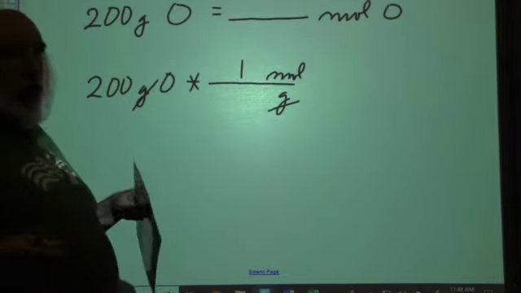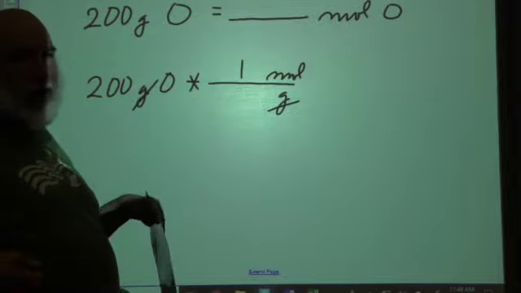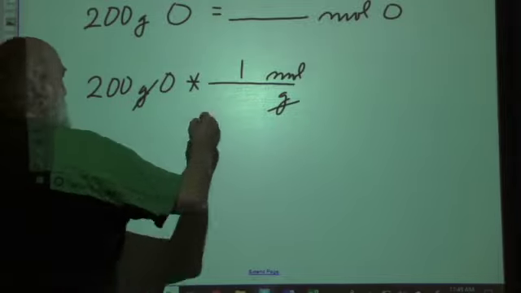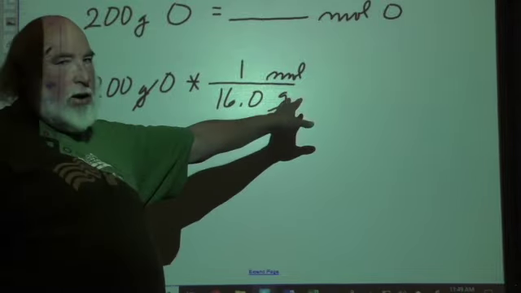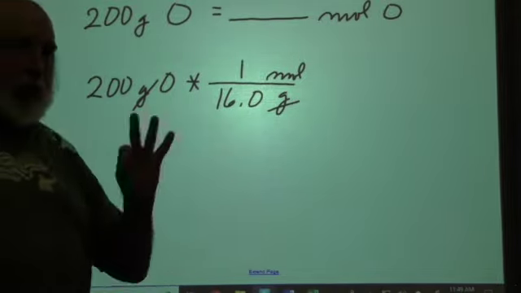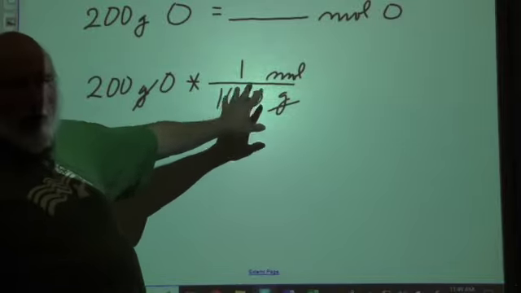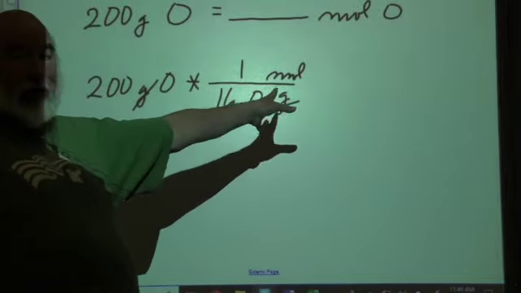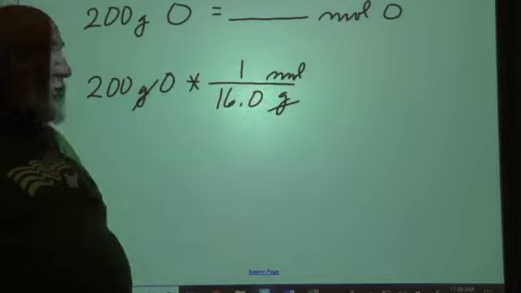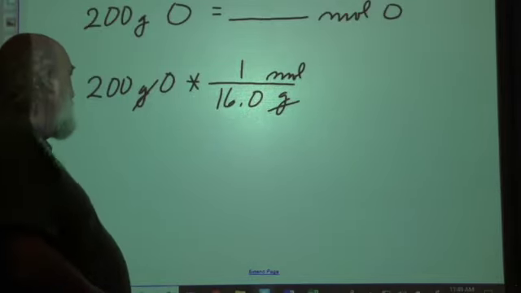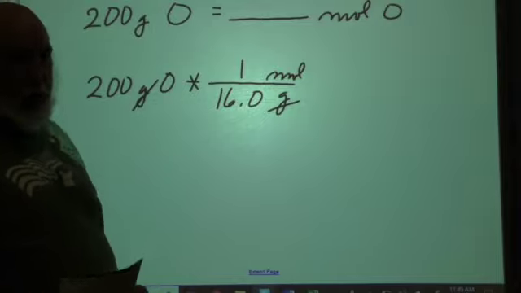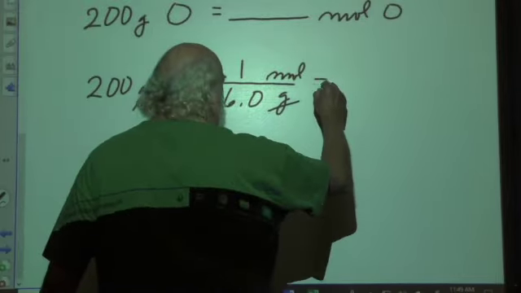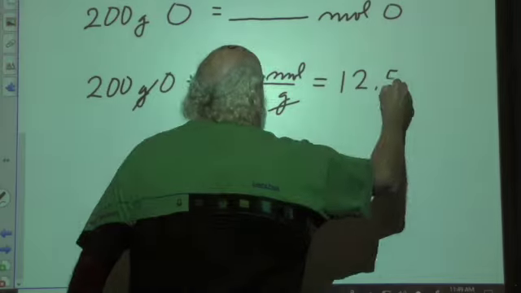So the number after 15.9 is 16.0. Do not put 16 there. I want 3 significant figures in all your numbers, including the rounded off numbers. So don't say 16. That will not be completely correct. 16.0 is what I'm looking for. So you take 200 divided by 16.0 on your calculator. This one I can do in my head. It is 12.5 moles.